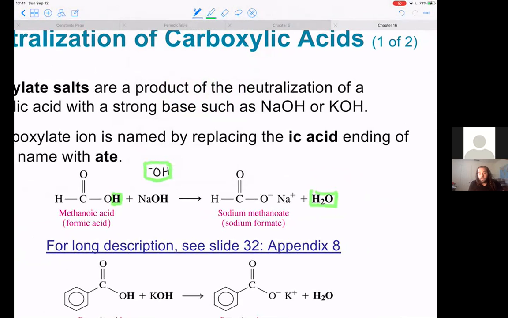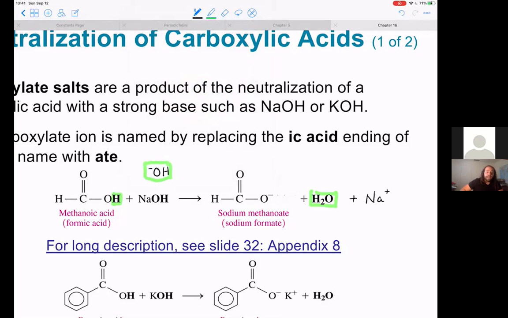Well, if you're still in solution, which is how these reactions take place, the sodium ion would not be bound to this molecule here. The sodium ion would be floating around all by itself, and the carboxylate ion would be floating around all by itself. They don't actually bind to one another if you're in solution. They'll both be dissolved in water floating around independently.